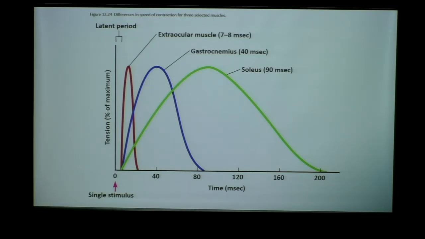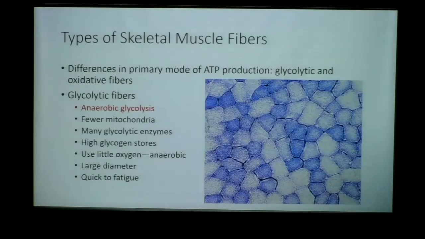And all that this means is that the extraocular muscles have a faster myosin ATPase activity and a faster calcium ATPase activity. The soleus muscle has a slower calcium ATPase activity and a slower myosin ATPase activity. Okay, all right. So that was the first name of the fiber, whether it's fast or slow.